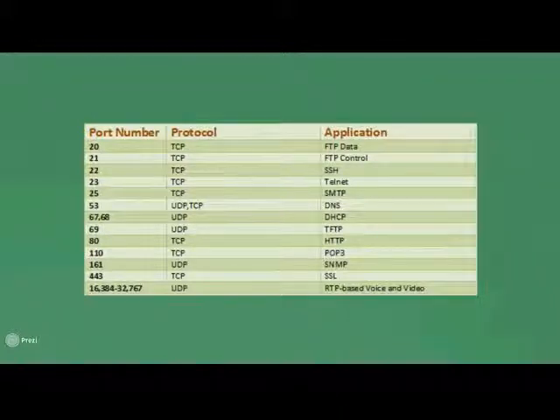Those include ports 20 and 21 for FTP, 22 for secure shell, 23 for telnet, 25 for simple mail transfer protocol, 53 for DNS, 67 and 68 for DHCP traffic, port 80 for web traffic, HTTP, HTML, 110 for POP3 mail service, 161 for SNMP, 443 for SSL, and on and on.